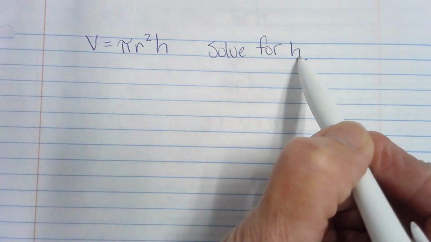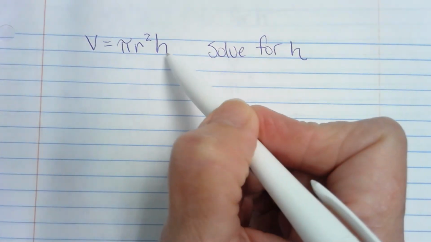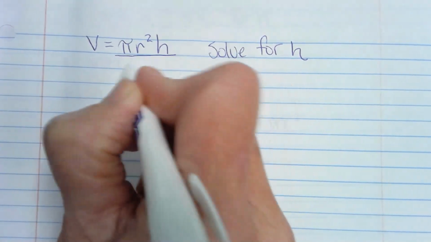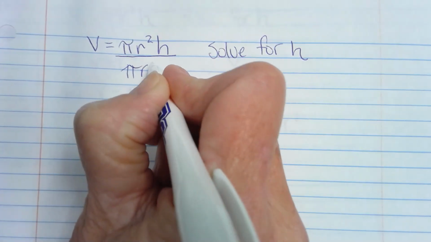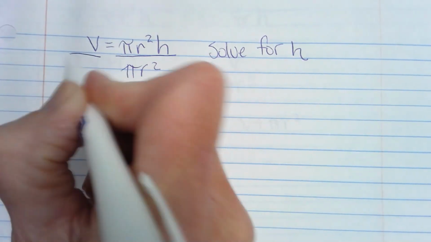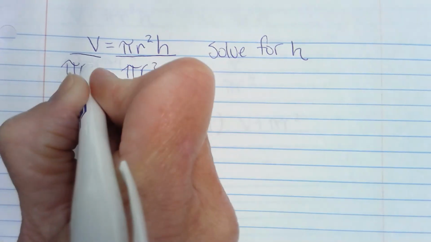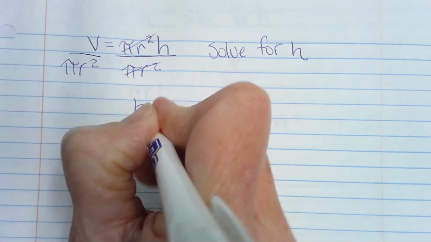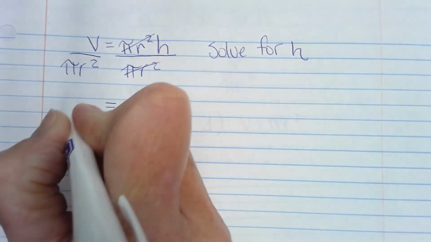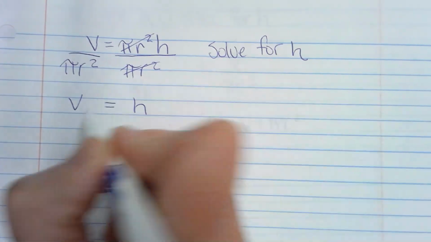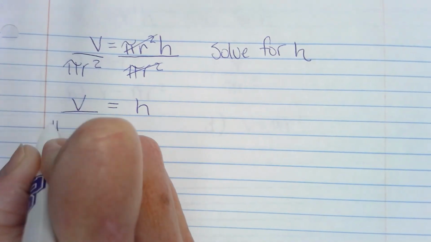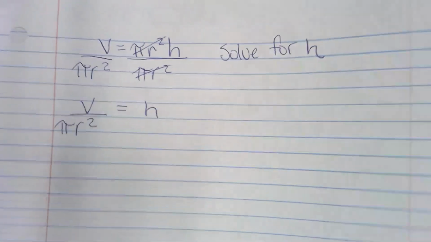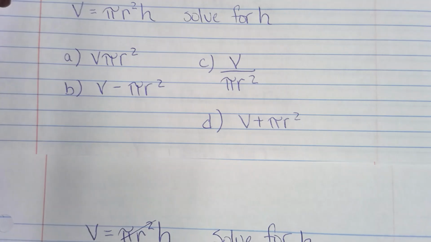So y'all, since I'm solving for H, it stays put. But y'all, the rest of these are separated by multiplication. So I'm going to divide to get rid of them. And if I do it on the right side of the equation, I've got to do it on the left side. Notice that cancels. I'm left with H all by itself. That's what it means to solve for H. It's equal to volume divided by pi r squared. So your correct answer was C.